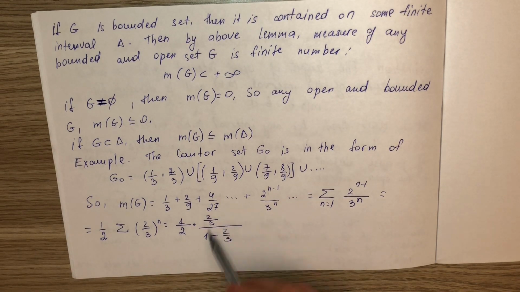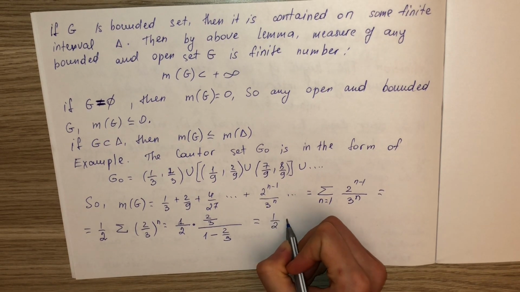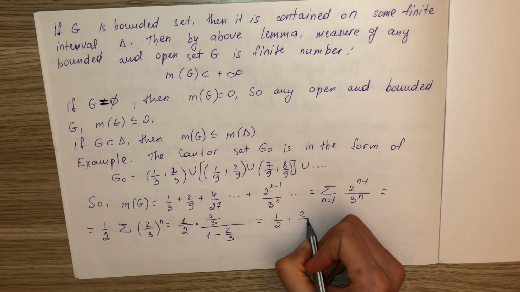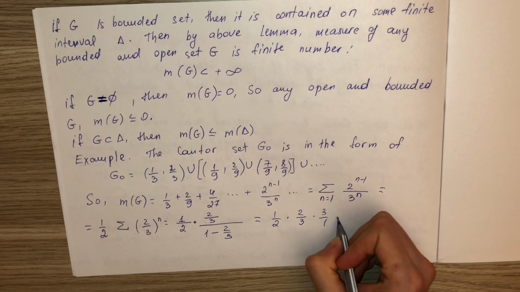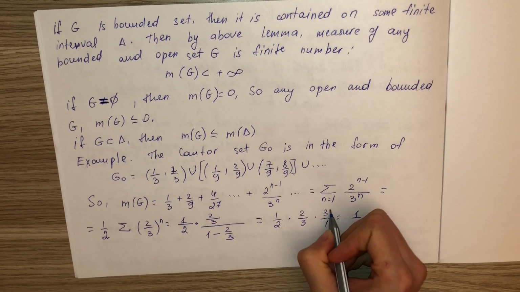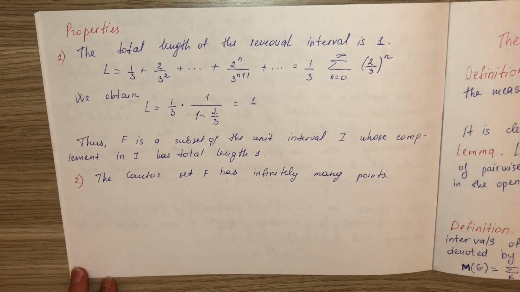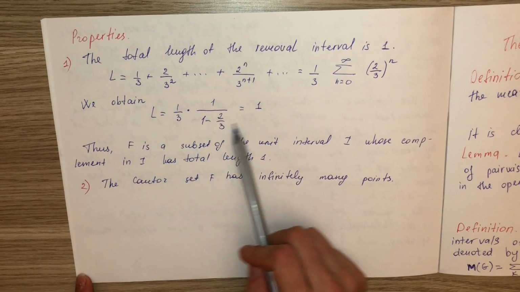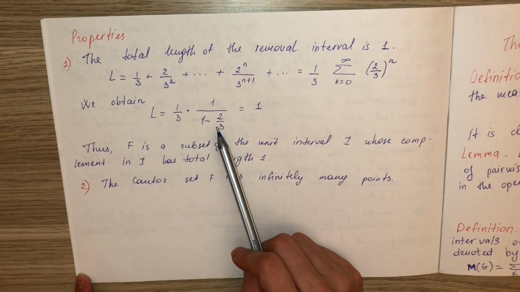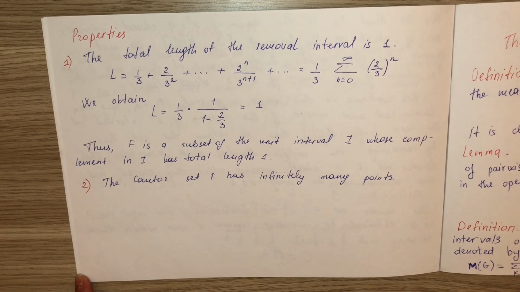It was the length of the Cantor set. Do you remember? I'll recall it to you again. And this is equal to 1, as you see. Look through the properties of the Cantor set length. The length formula was that.